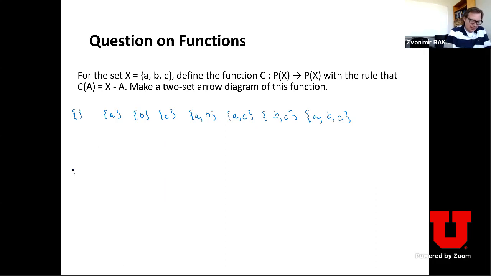Our codomain is the same set. And sorry about my curly braces. They're kind of ugly, but you get what they are.